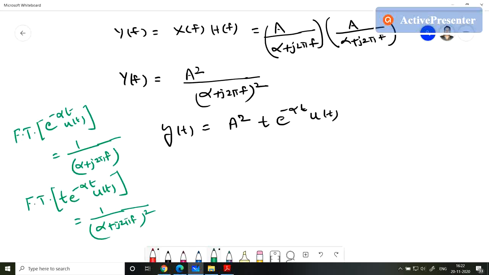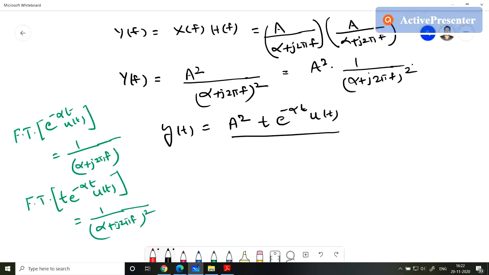So y(t) is equal to a square t e^(-alpha t) u(t), since we have a square multiplied by 1 divided by (alpha plus j 2 pi f) whole square.